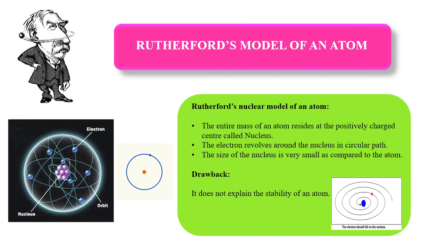The drawback of this model is that it does not explain the stability of an atom. By this, we mean that the revolution of electrons in a circular path is not expected to be stable because the electron will get accelerated and it will radiate energy, as it is a charged particle, and thus it would lose energy and finally fall into the nucleus and hence will become highly unstable.